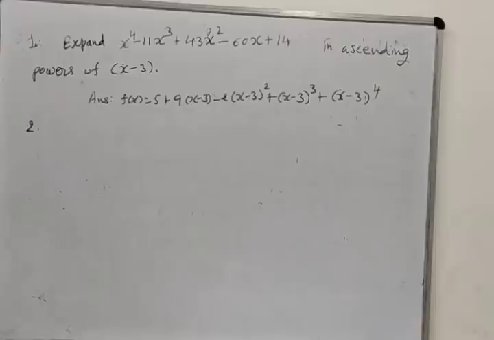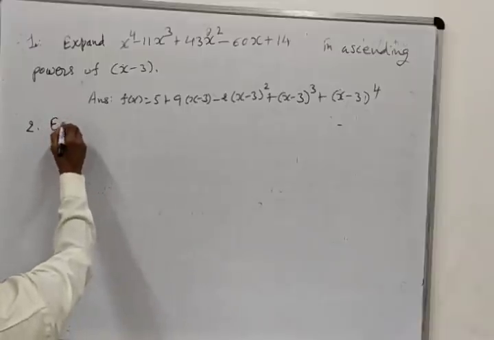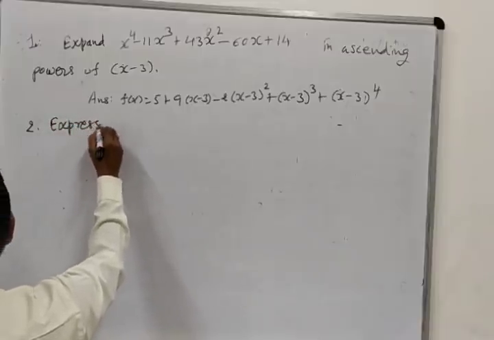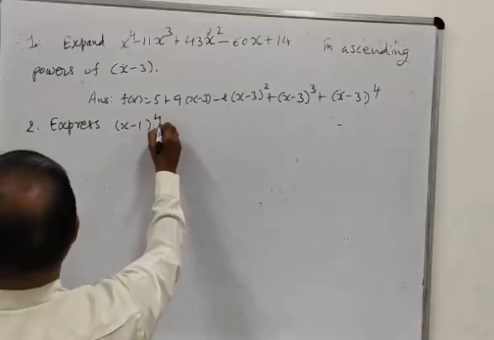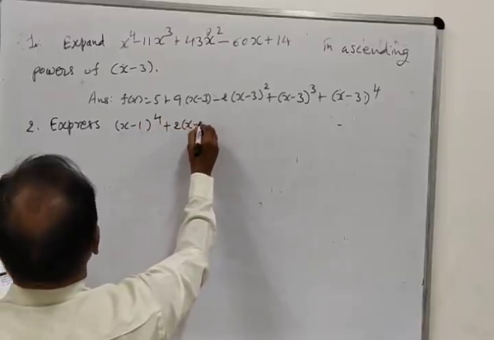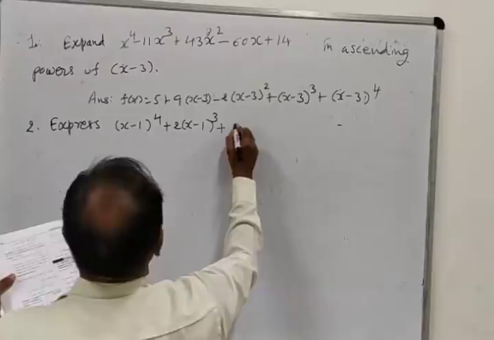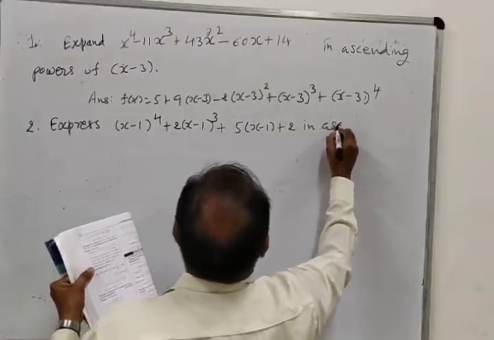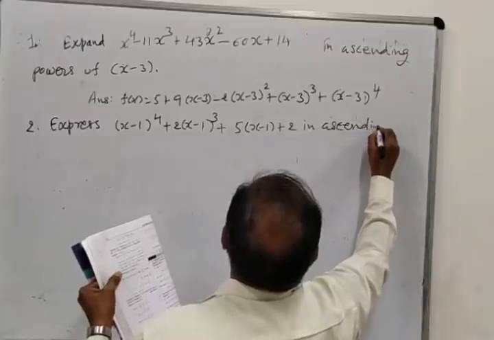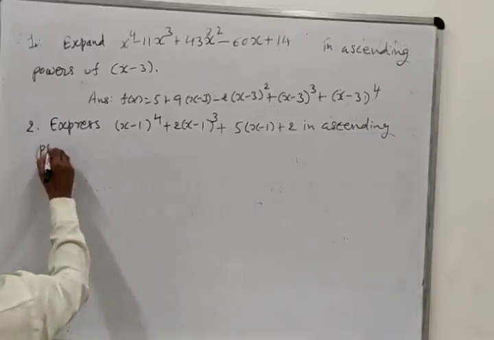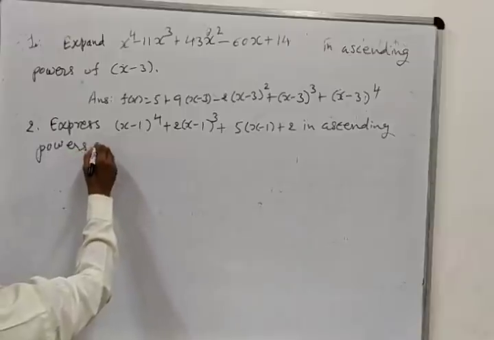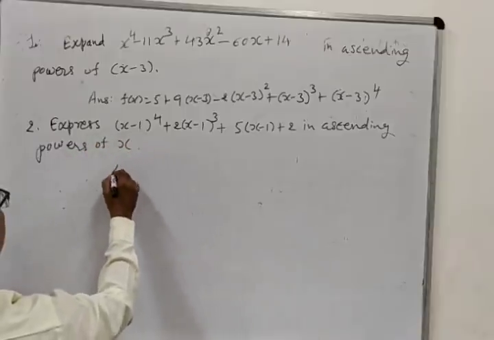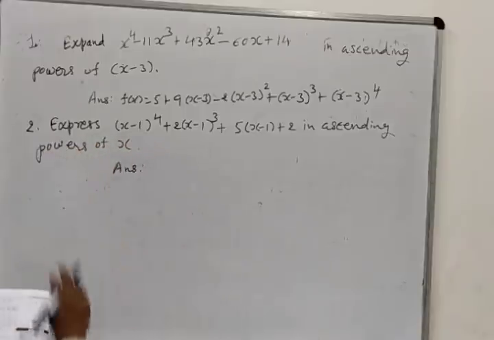Second example: express x minus 1 whole raised to 4 plus 2 times x minus 1 whole cube plus 5 times x minus 1 plus 2 in ascending powers of x, and you can solve this same as we have solved the last example.